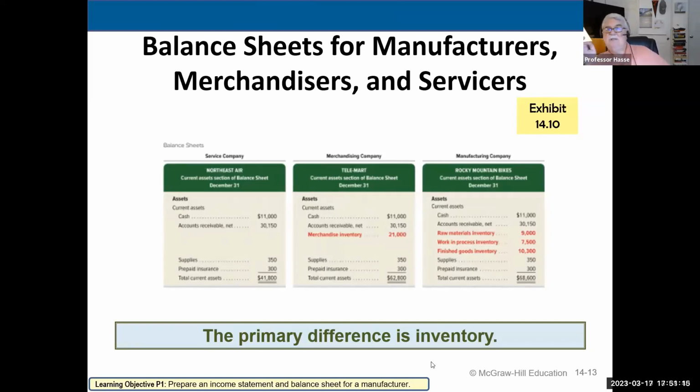If any of you have been following the automobile industry lately, you've read that right now the finished goods inventory for many automobile companies is basically zero. They have maybe one or two or three days of inventory on hand. Why? Supply chain problems. There's a huge shortage of microchips.